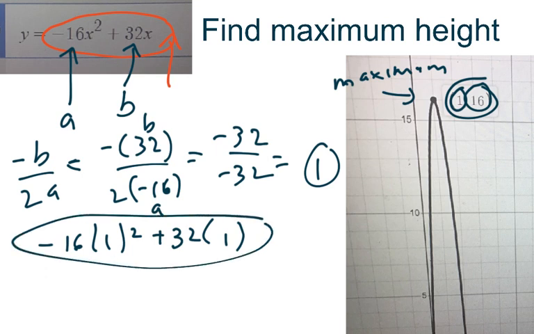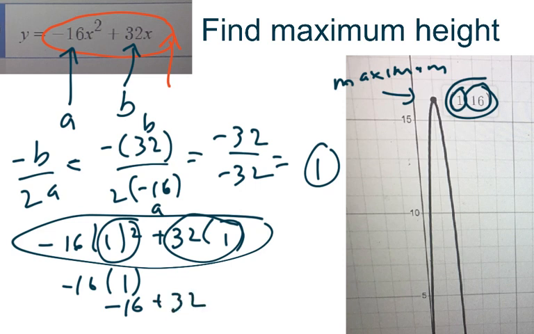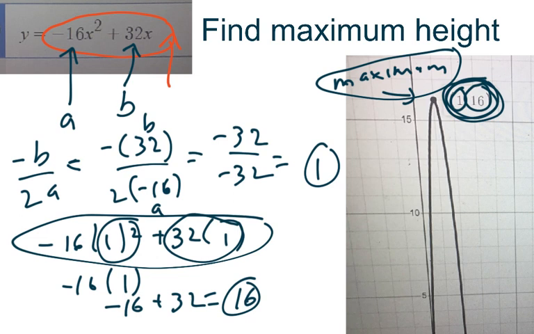But I'm just going to do it old school. Power first is 1 times negative 16 is negative 16. 32 times 1 is 32. And as you can see, that is 16. So the vertex is at (1, 16). That is our maximum value.